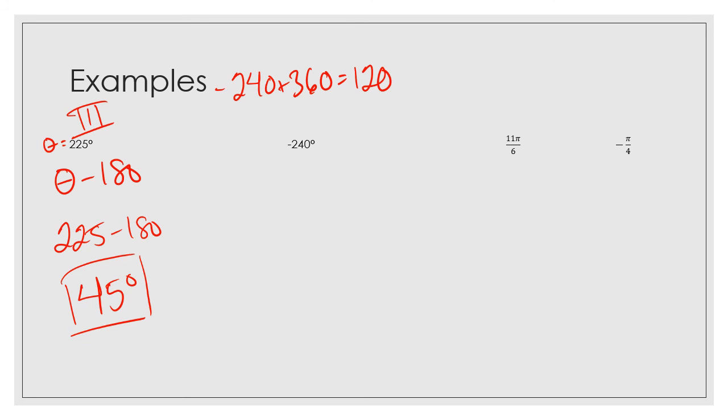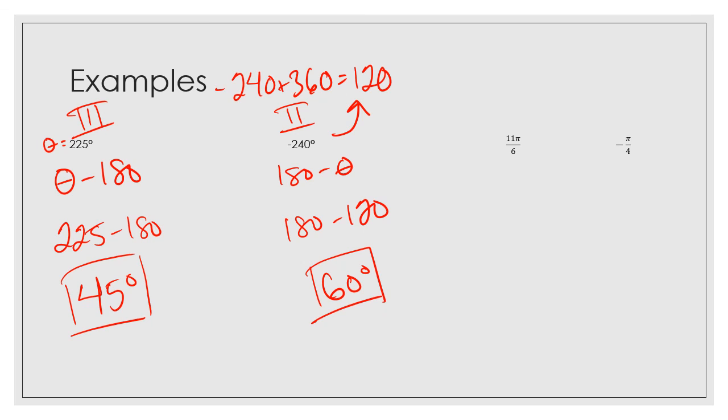So since we're working in quadrant 2, we're going to be using the formula 180 minus theta. Again, you want to plug in the measure that is coterminal to the measure you're given, but make sure you plug in the one that's on the unit circle. So this is going to be 180 minus 120, so my reference angle here is 60 degrees.